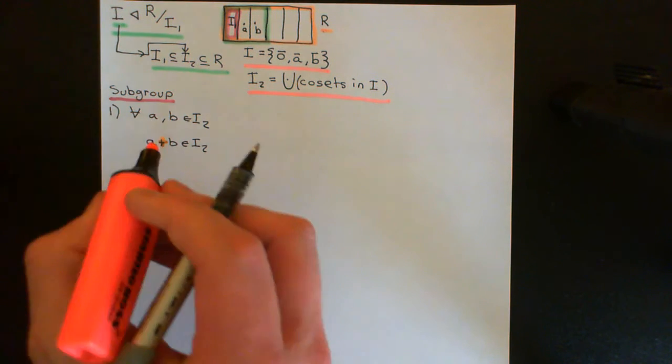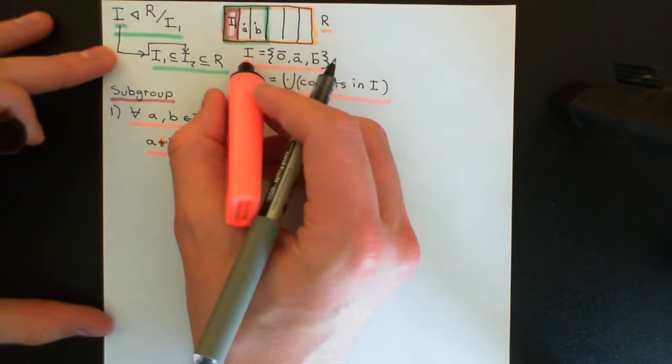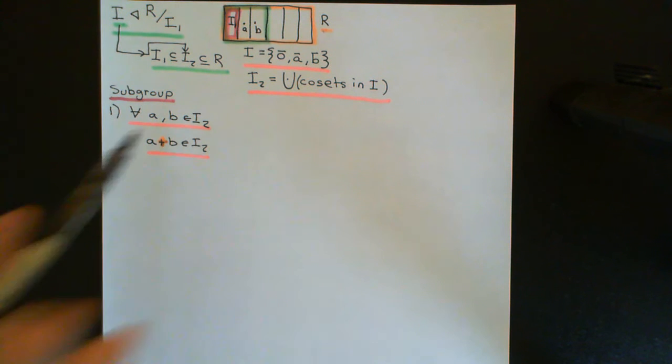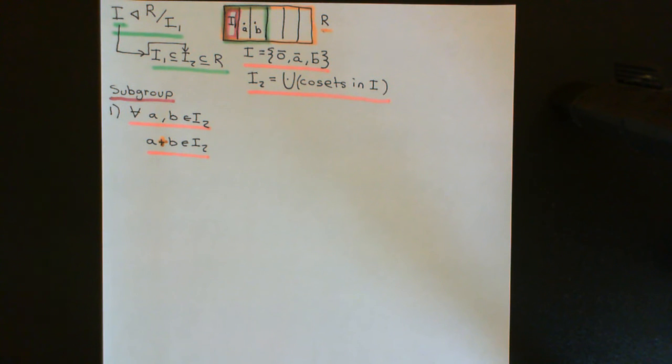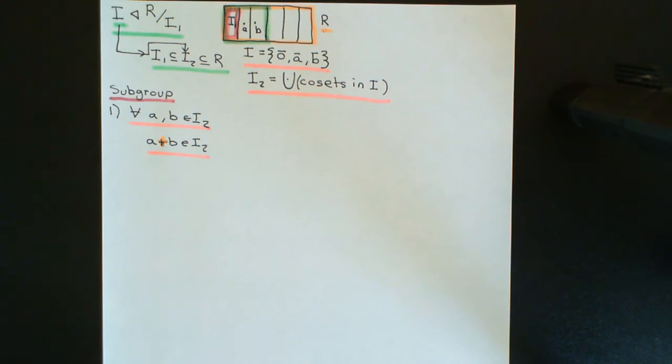Okay, so how can I prove this? Well, I've got to use somehow the fact that I is an ideal within the quotient ring, because that's all I've got to go on. So how am I going to use that? Well, of course, if A and B are in this subset capital I2, we haven't shown it's an ideal yet, that will mean that they were contained within some coset that was in this ideal of the quotient ring capital I. And we're going to use that fact now.